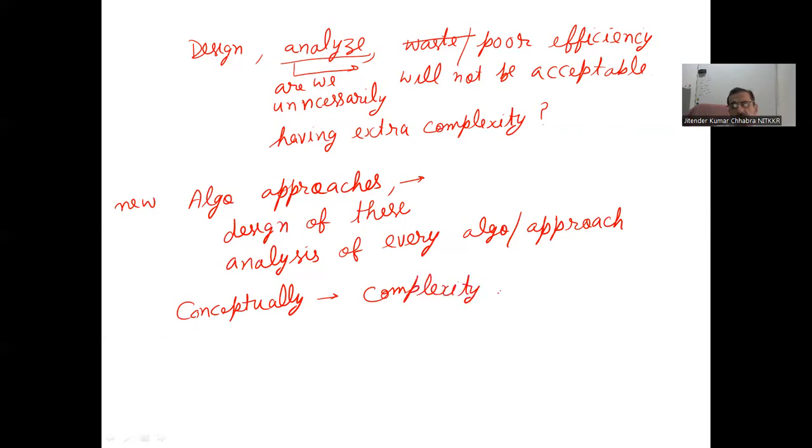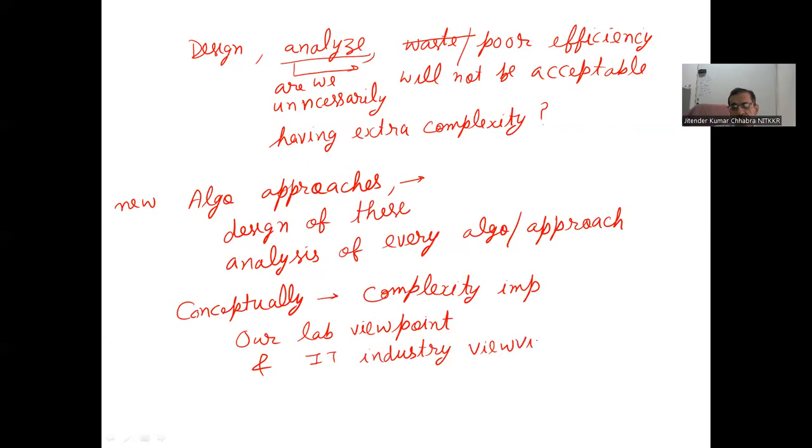But from our lab viewpoint or implementation viewpoint, we will be taking something more also into picture. Not only from lab viewpoint, from IT industry viewpoint also, we are going to do something special.